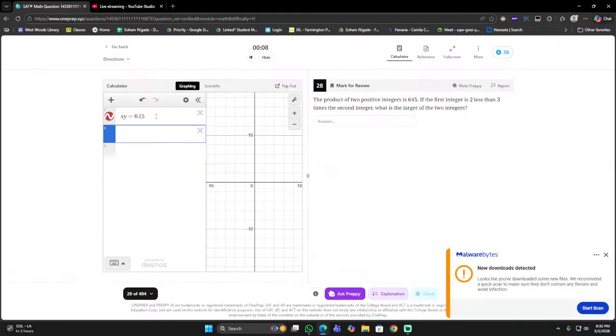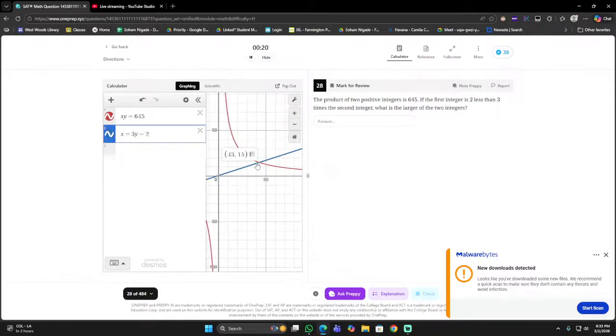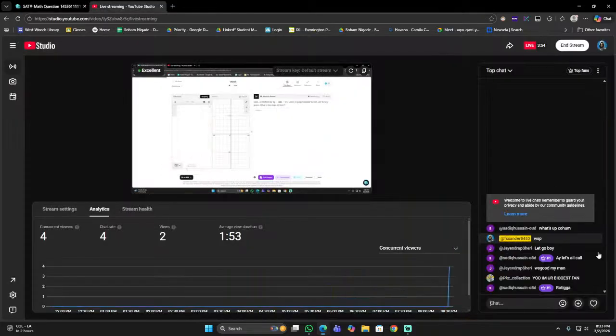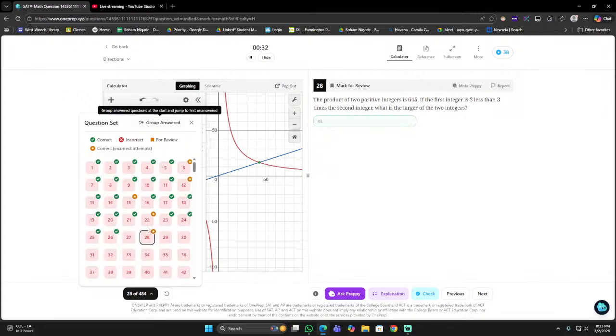If the first integer is 2 less, first integer is equal to 3y minus 2, something like this. Positive large of the two integers, it's definitely 43. W in chat, W in chat. 43, there you go.